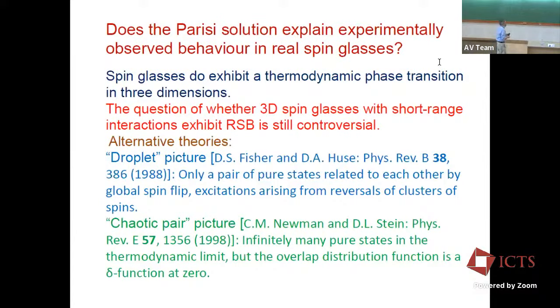When you flip the whole cluster, in some cases along the boundary you are breaking bonds, and in some cases you are creating bonds. That makes the whole thing much more complex, and one cannot get exact results for these exponents, theta, and things like that.